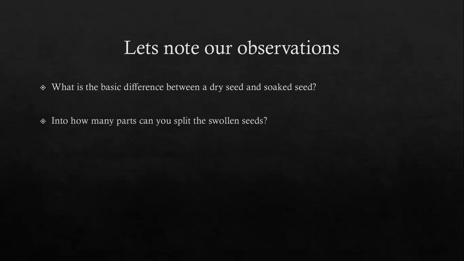So now, let's note our observations. What is the basic difference between a dry seed and a soaked seed? The basic difference is the size. The size of a dry seed will be less compared to the soaked seed, and the color of the dry seed will be brighter than the soaked seed.